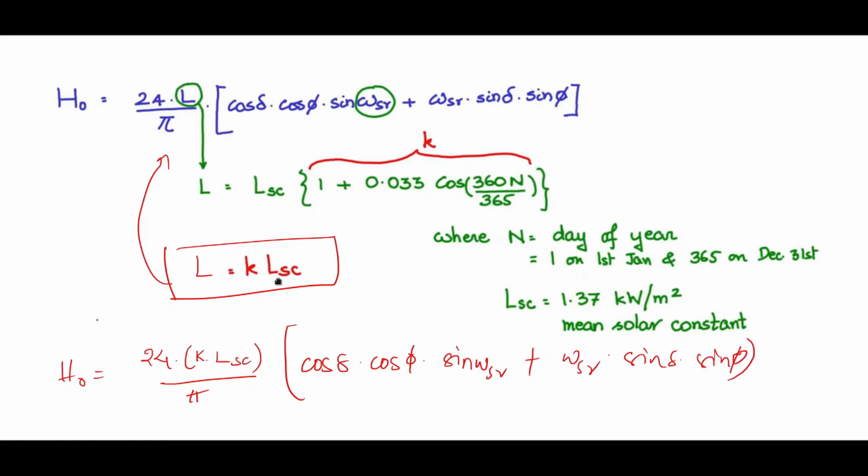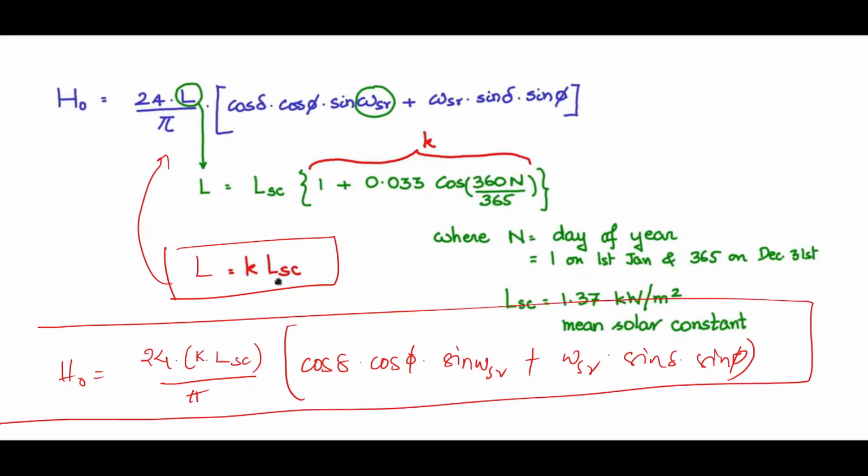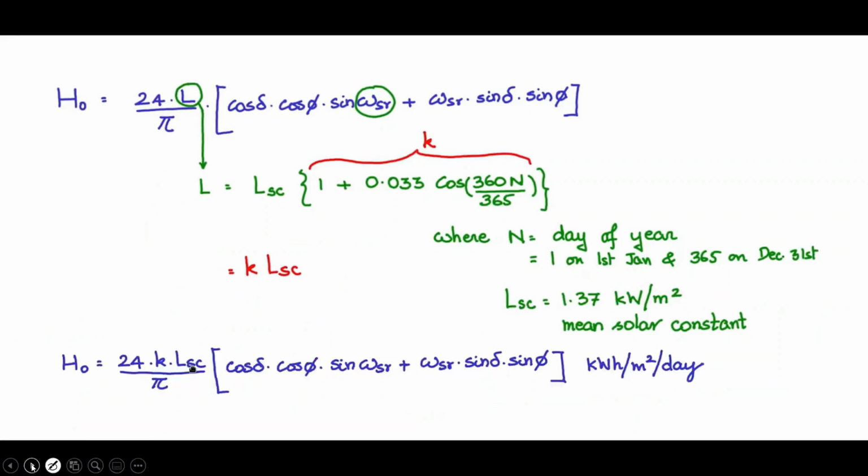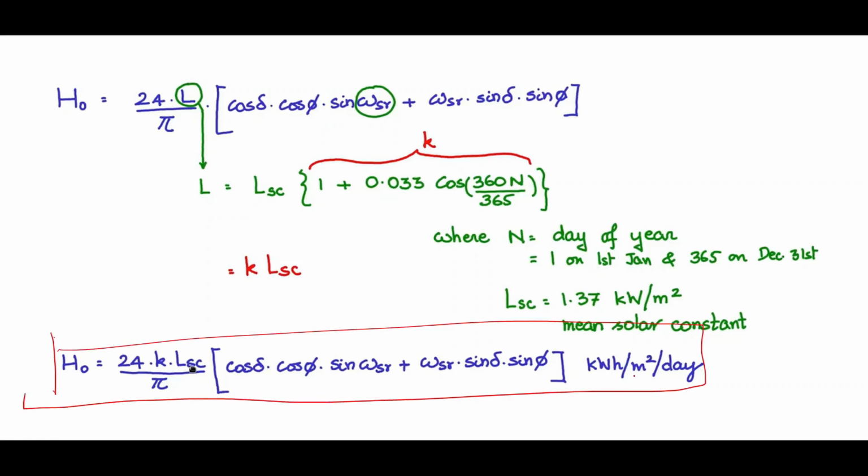Okay, so this is the value of energy falling on a flat plate in one day. This is about insolation energy falling on a flat plate. This expression is in kilowatt hour per meter square per day. Okay, so I hope you understand.